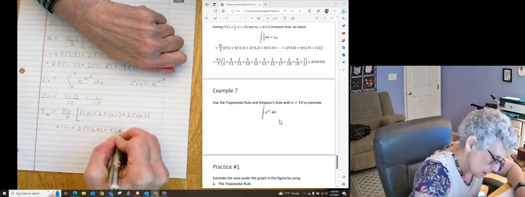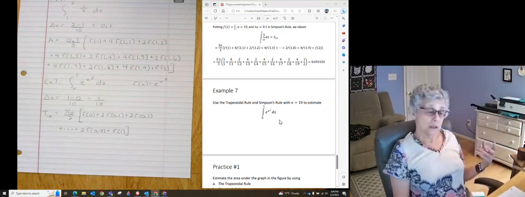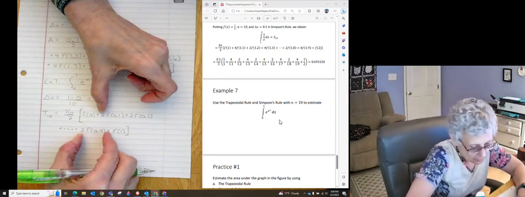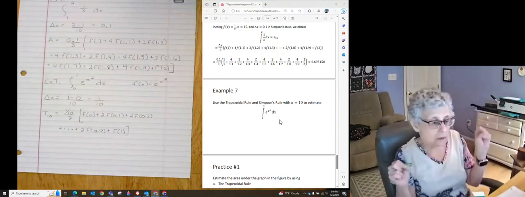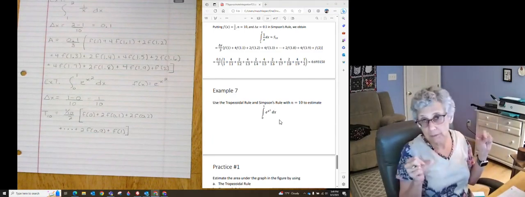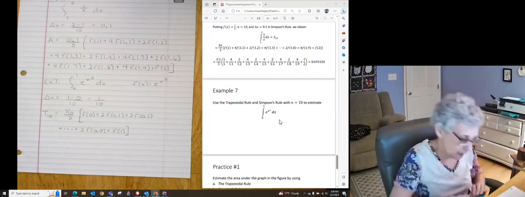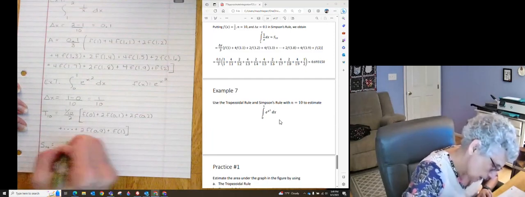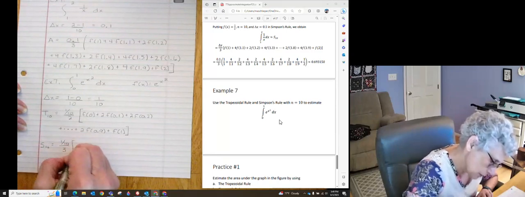f of 1. If you really wanted to, you could use your summation button and add up the middle ones and then add the 2 ends to it on your calculator. Be a little bit easier than doing everything by hand. Simpson's rule with 10 intervals. Same delta x, but now we're over 3.